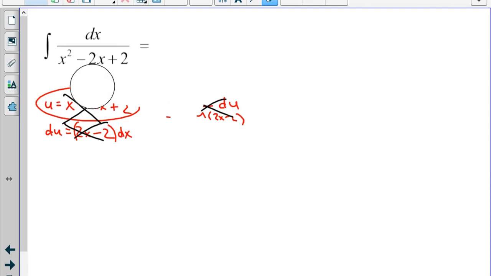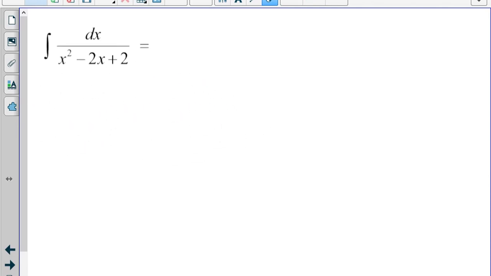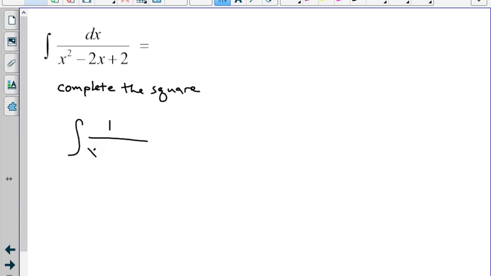So because it's not going to work very well, I have to try another method. The method that I would recommend is, if you can't get a u or anything, try to make it look like something that has an inverse trig function. So we might want to complete the square on the denominator. If you complete the square, you end up with x squared minus 2x plus something.